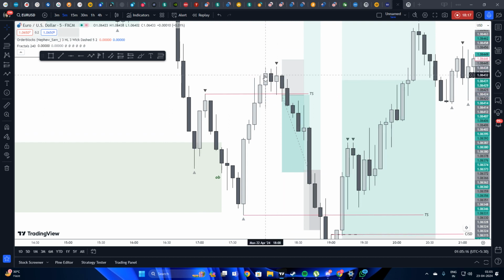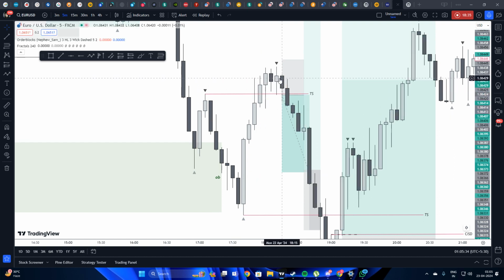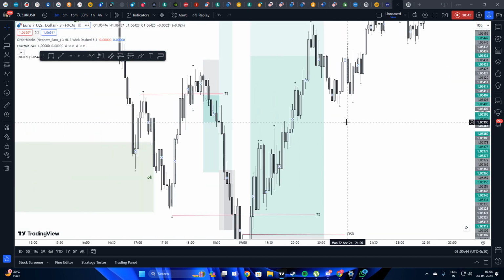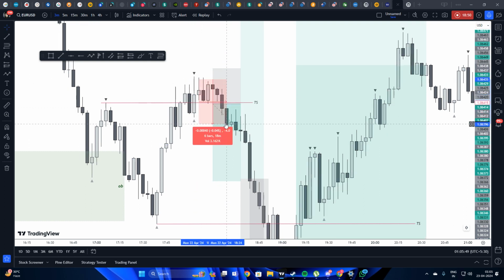It took out these stops, and there were continuous wicks closing upwards of the last high. So a CISD formed when the market pushed below, and we'll go to a lower time frame in here. The market did push below, and this was the high.